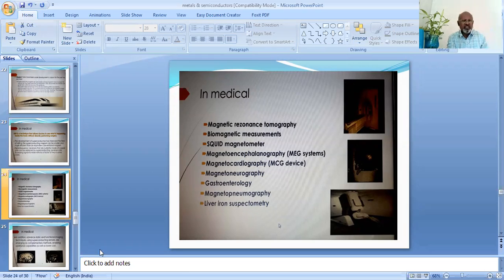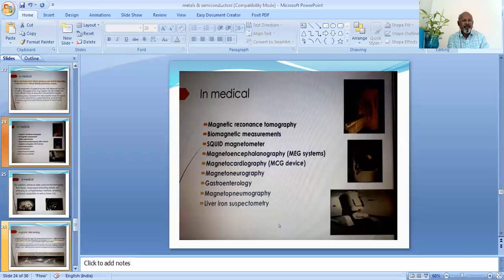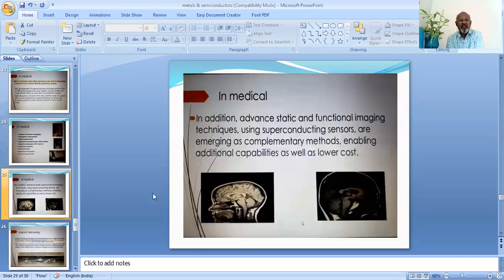So these are the fields where superconducting materials are used. That means it is very useful in the medical fields also. This slide tells us how superconducting materials are used in medical fields.